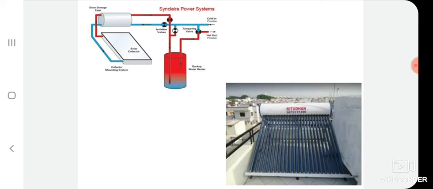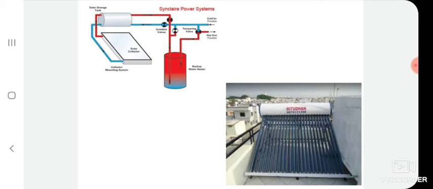The batch collector, also called an integrated collector storage system, heats water in the tank. Water can remain in the collector for a longer period of time, making it very hot. If household demand is low, a temperature valve protects from scalding at the tap.